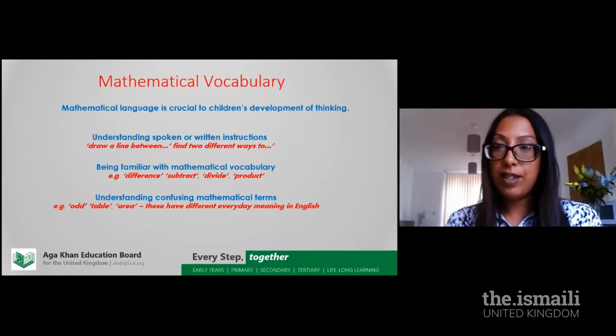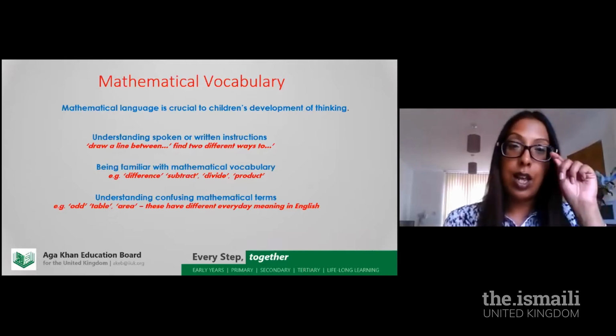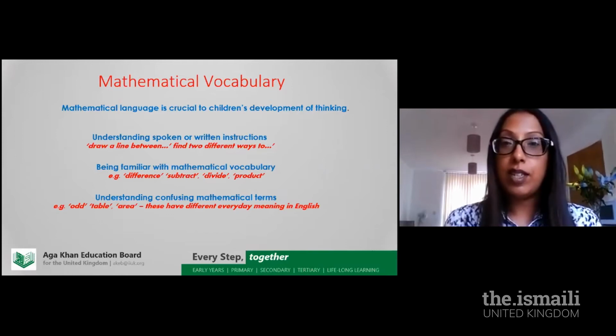Talking about mathematical vocabulary, I can't stress enough how important a child's understanding of the vocabulary used in maths is to helping them develop and use their thinking skills. They should be able to understand spoken and written instructions, because this will not only help them now, but in the future when it comes to their secondary schooling and testing.